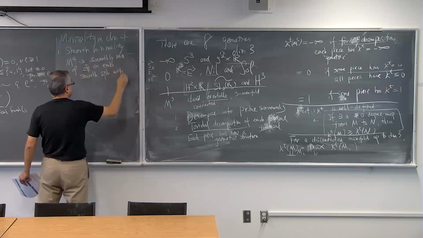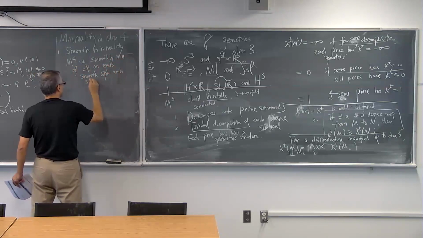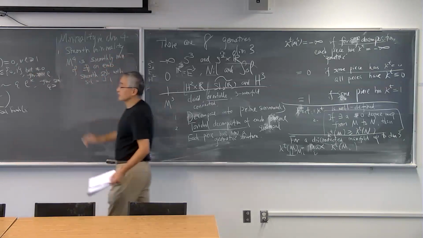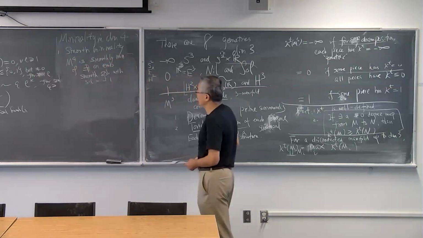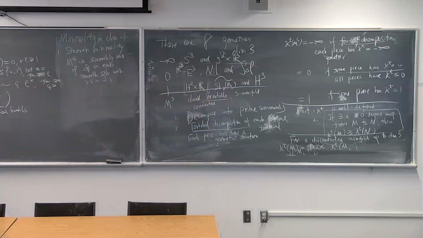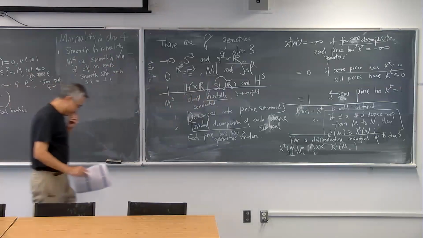It depends what you mean by minimality here, but sometimes it's useful to consider CP2 blown up at one point to be minimal, because it is the non-trivial S2 bundle over S2.